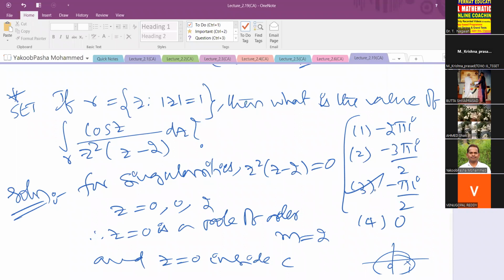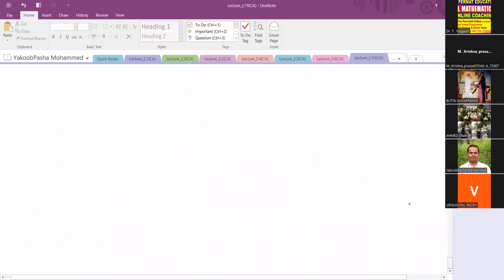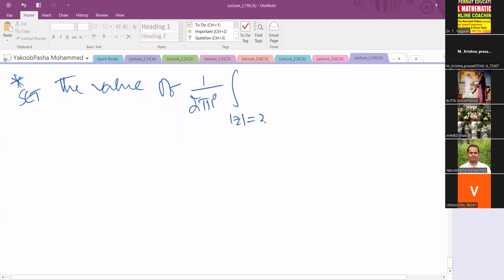It is also a set problem. The value of the integral, sorry, the value of 1 by 2 pi i integral over modulus of z is equal to 3 of e to the power of z divided by z minus 2 into dz is, we have options.